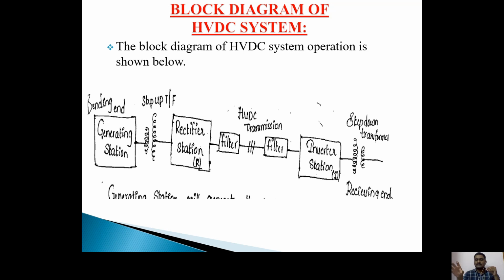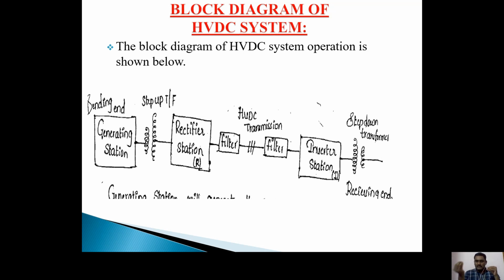For that reason, I take that pulsating DC to the filter. The filter is used to reduce the harmonics and purify the DC supply into pure form. That pure DC is given to the inverter station. The inverter station converts the DC supply to AC, and after conversion from DC to AC, it is given to the step down transformer connected at the receiving end.